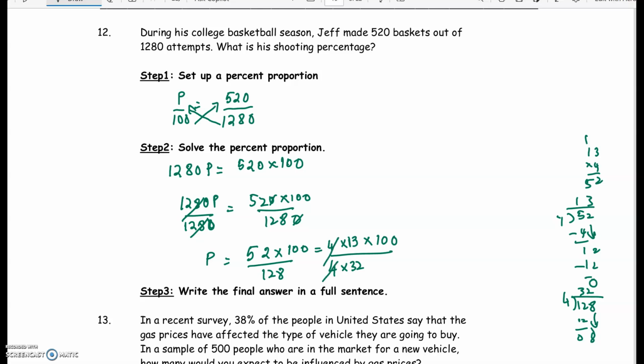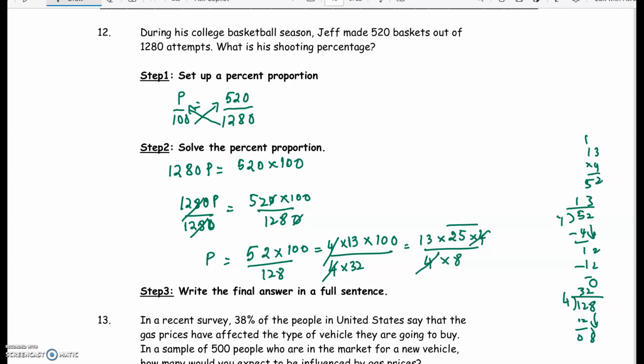The 4's cancel, and we can cancel further. 13 times 25 times 4 is 100. 25 times 4 is 100, divided by 4 times 8 is 32.